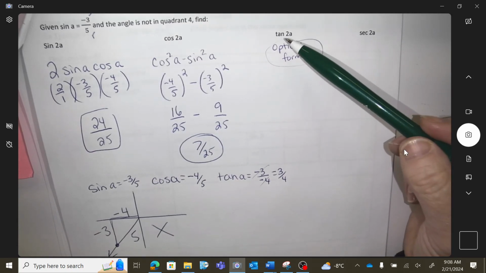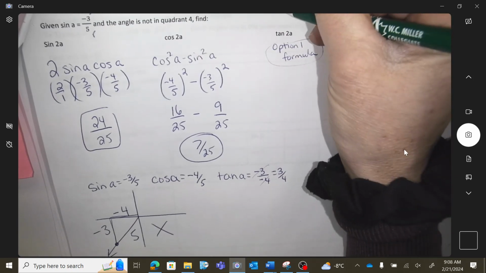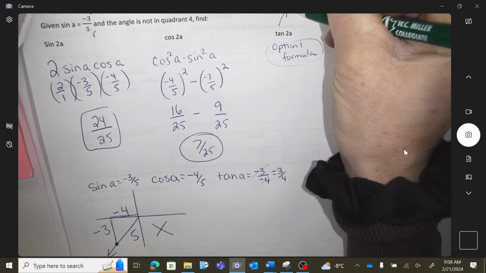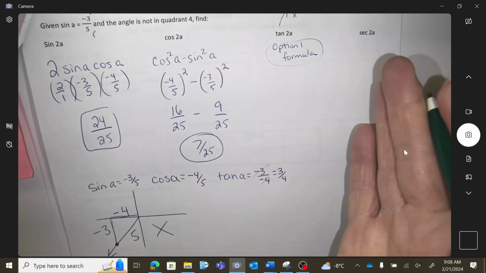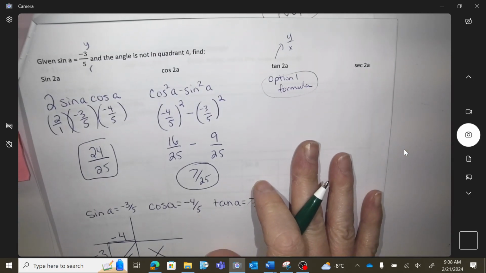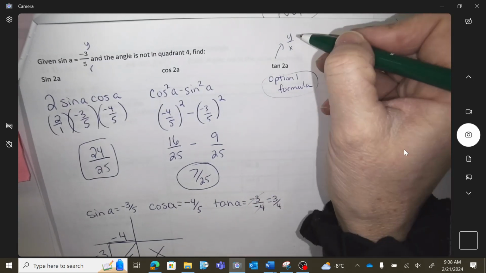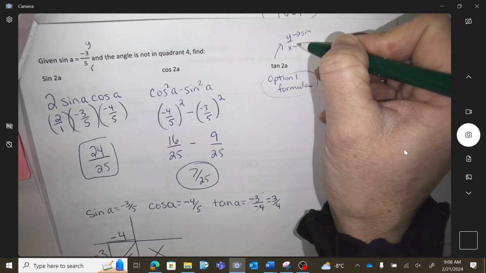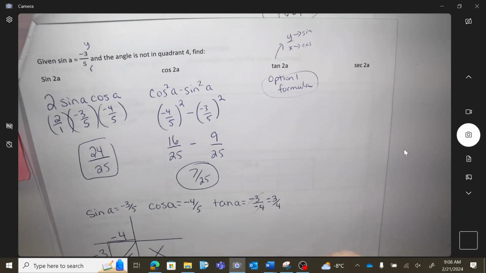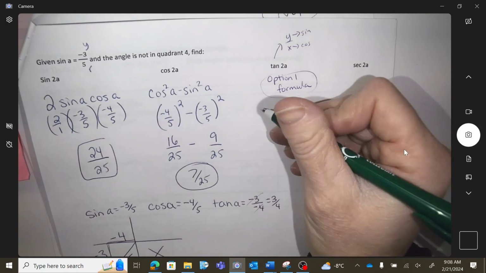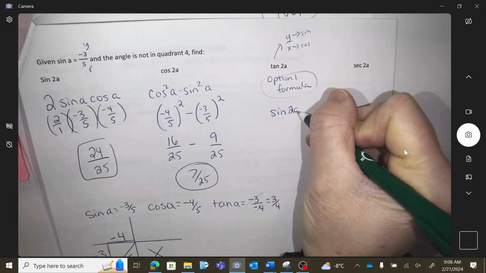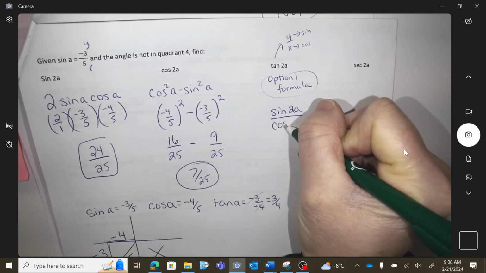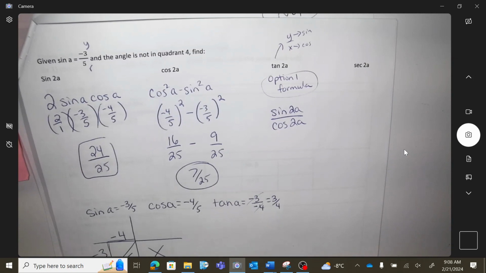So what did we talk about? Tan is a y over an x, right? Instead of y, that's a sine. Instead of x, that's a cos. So if I do the sine of a double angle divided by a cos of a double angle, that's the same as a tan double angle.